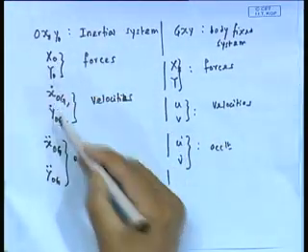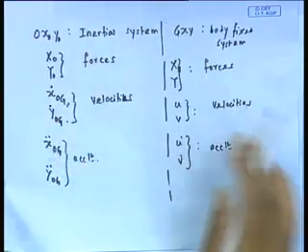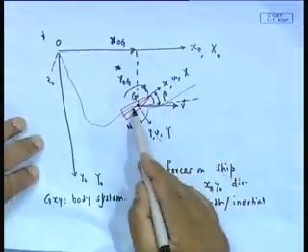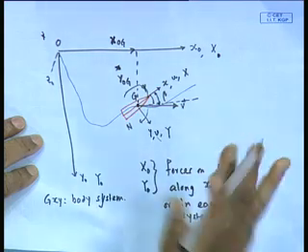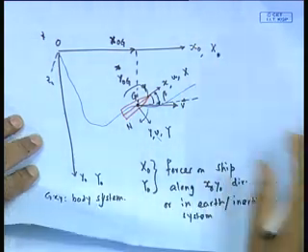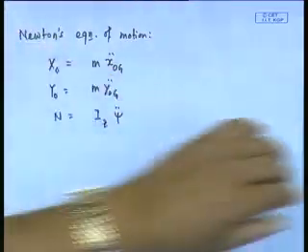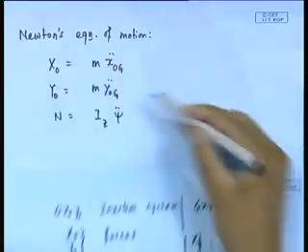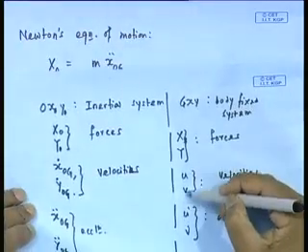Force is mass into acceleration, standard. This side force is mass into this side acceleration in the inertial frame of reference. Now, I need to rewrite this in terms of X and Y, and rewrite this in terms of u and v.